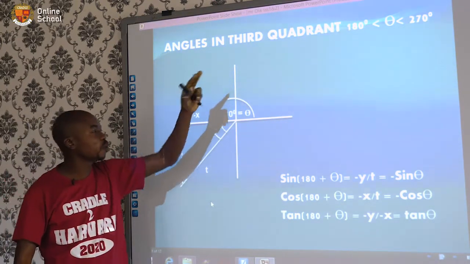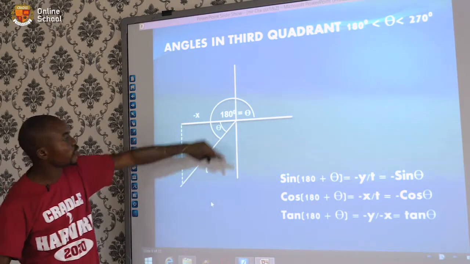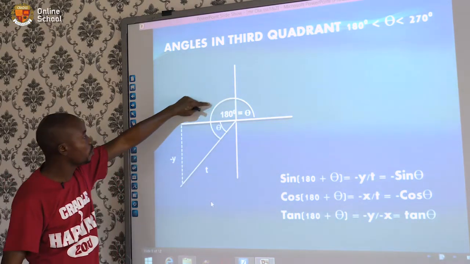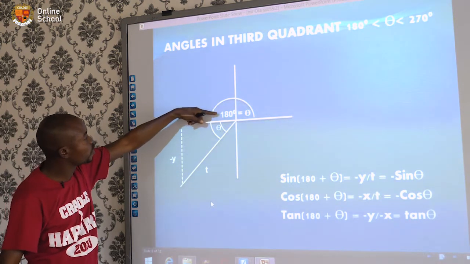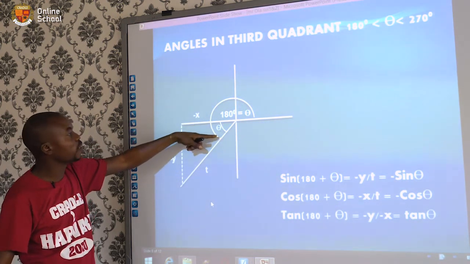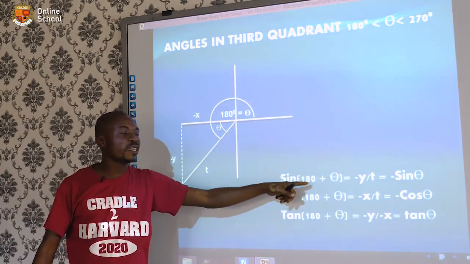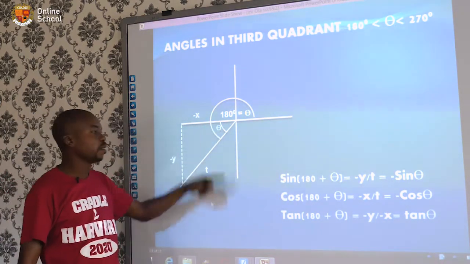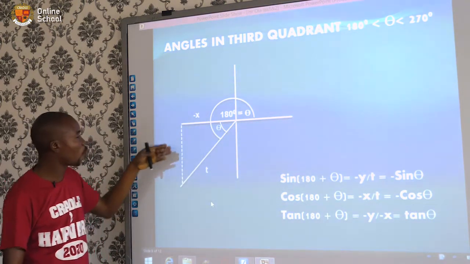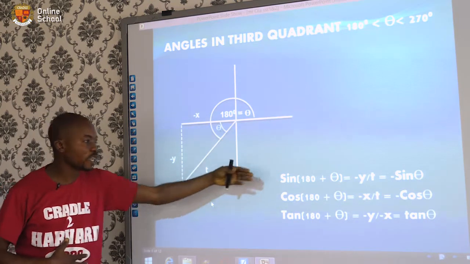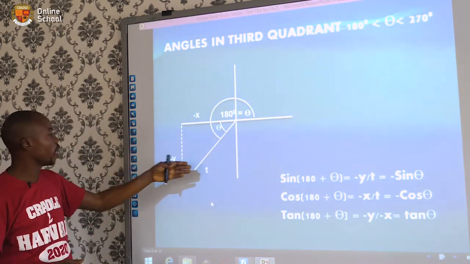Angles in the third quadrant are between 180 and 270. If you check your curve, from here to this point is 180, and anything in addition to 180 is theta. So what we have here is sine of 180 plus theta. Sine is opposite over hypotenuse.